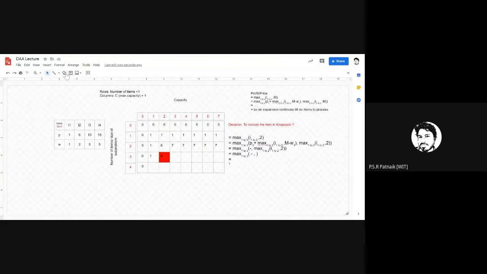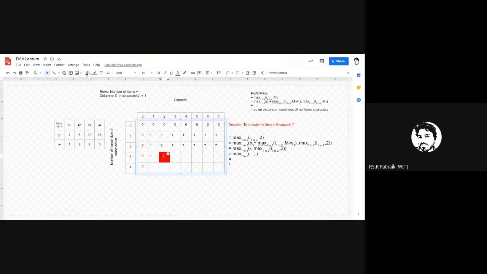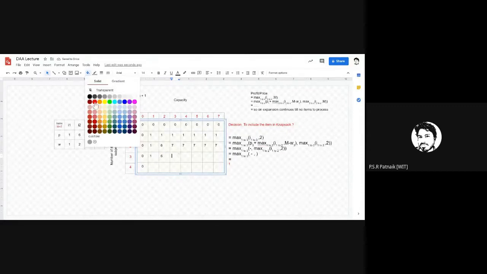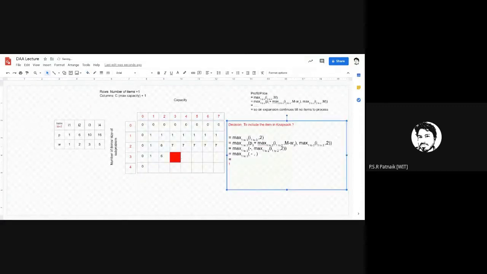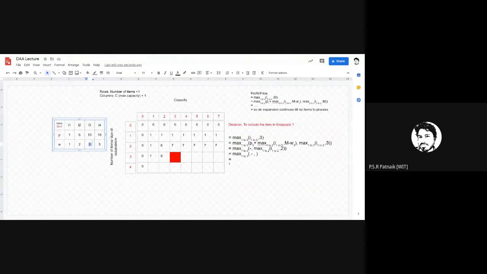So now I solve it for the next location. Now I want to solve it for this location. If this location means the sack capacity has changed, it is 3. Okay, now tell me, weight is 3, sack capacity is 3. Can I include this? Yes, now I can include this because this item is 3 and sack capacity is 3.